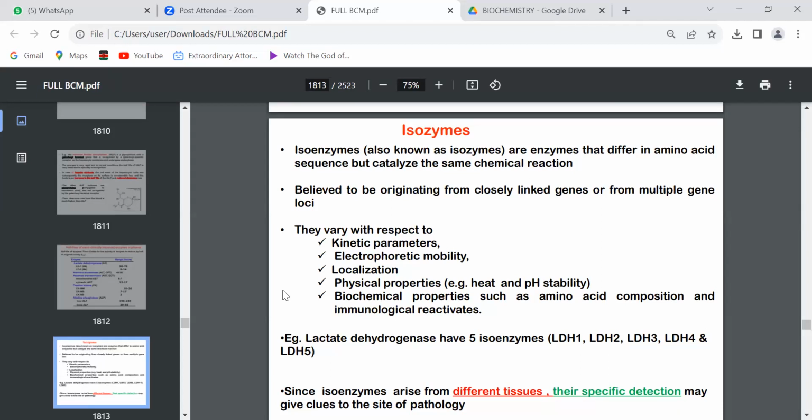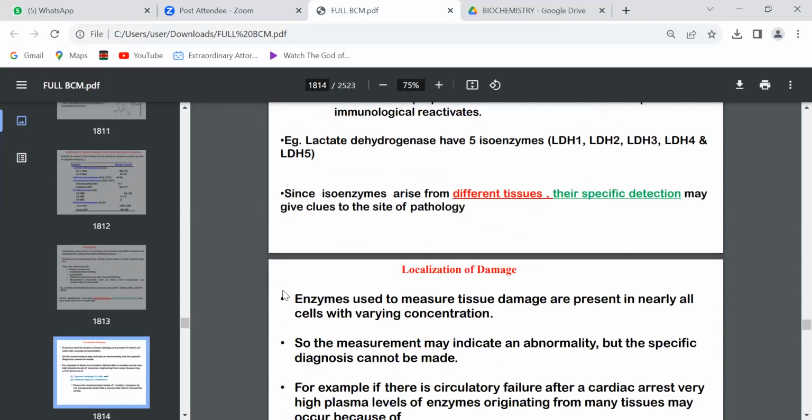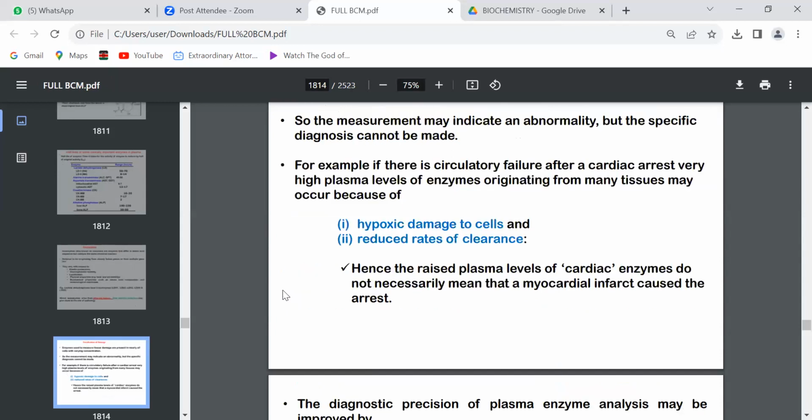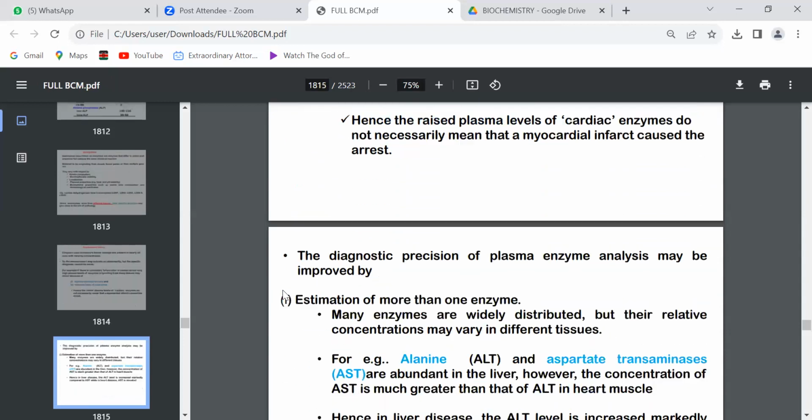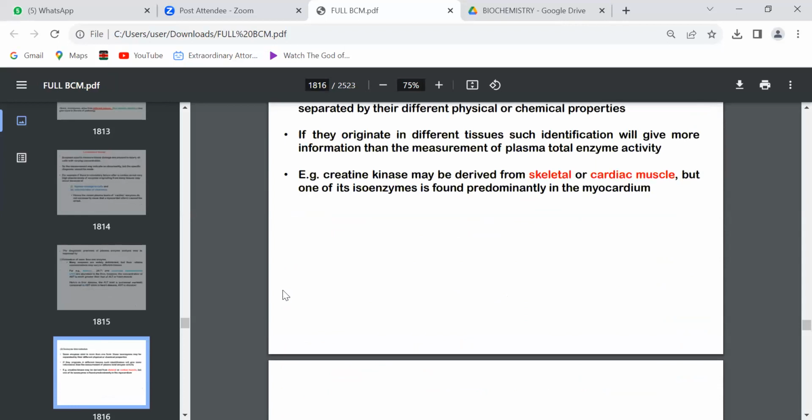So if that's the specific isoenzyme that is increased, then we come closer to figuring out exactly where the problem is. So we can say it's the heart. Then you can also measure the activity of other enzymes found in the heart to see if they are also elevated. So you can estimate more than one enzyme.